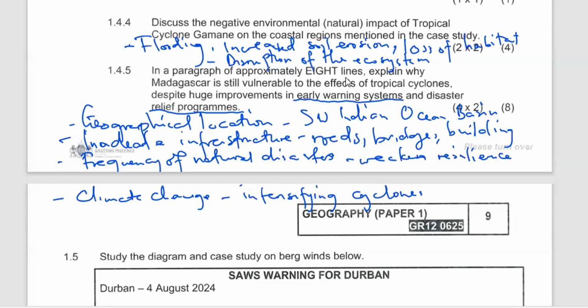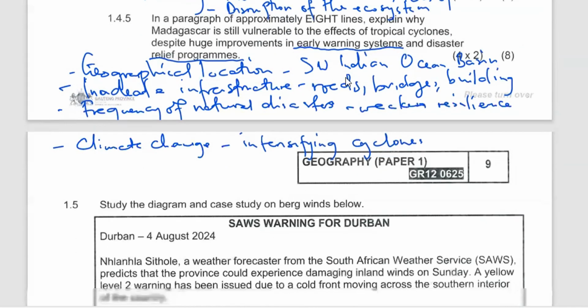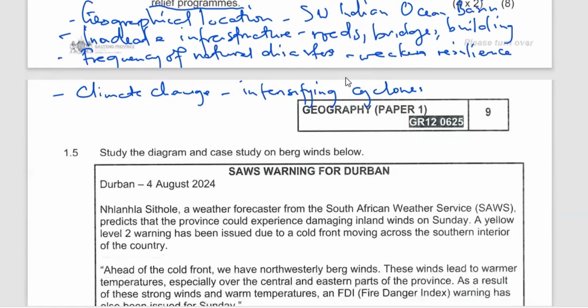So because of the climate change, we also tend to find that the tropical cyclones are intensifying. They are getting stronger and stronger because of climate change. They are being fueled by climate change, such that despite the relief programs, we will still have them destroying infrastructure because they are getting stronger and stronger around the areas where they affect.